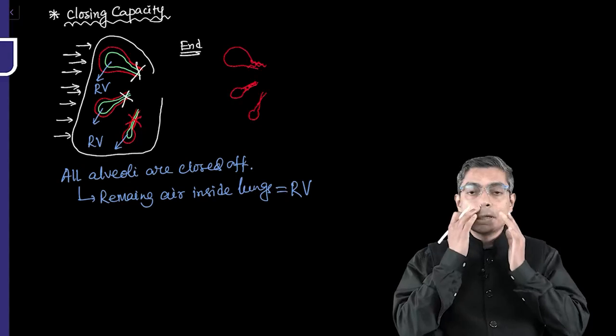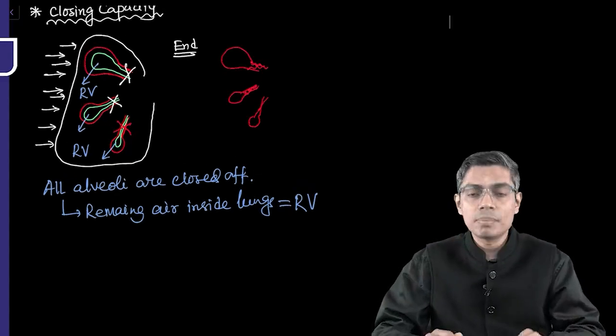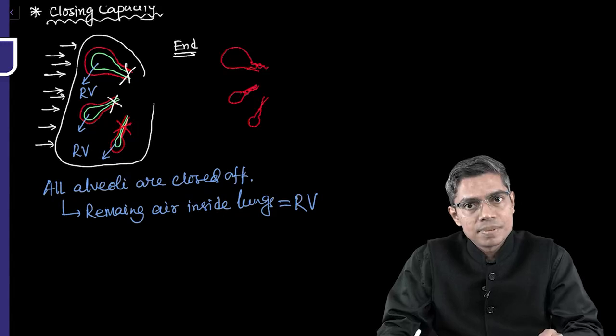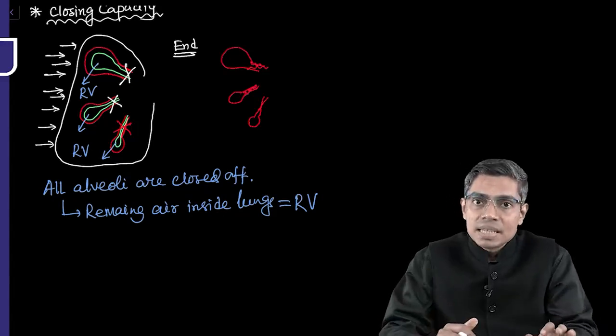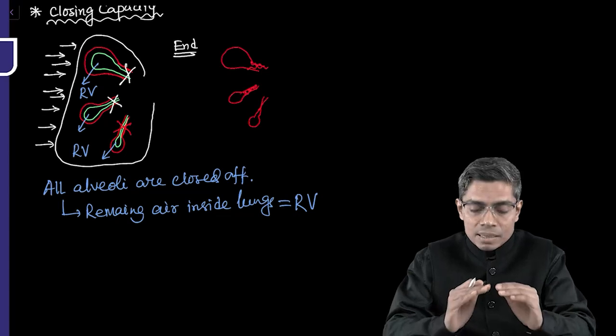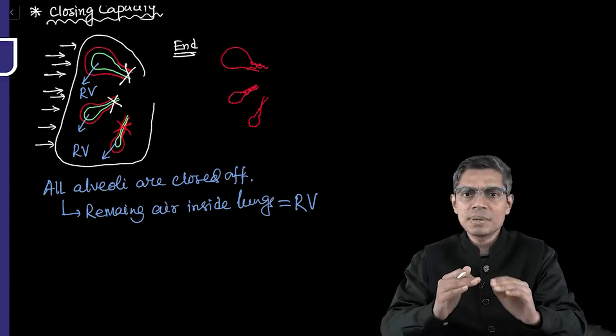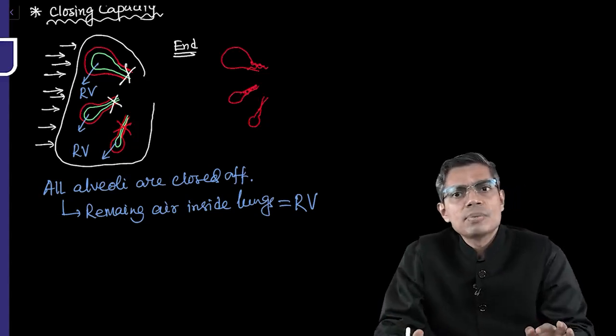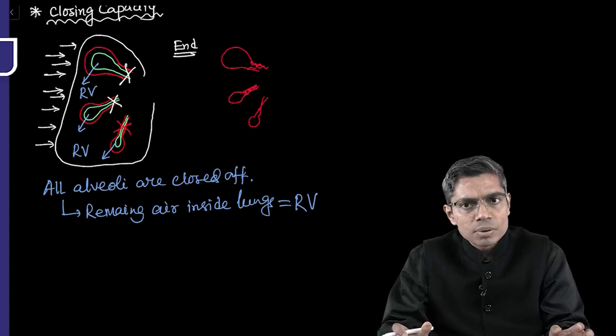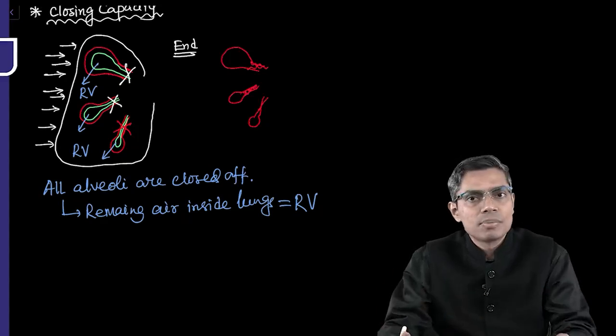Getting my point? So when all the alveoli are closed off by closure of the bronchioles. The closure has started at the level of the basal alveoli because their size is smaller. But ultimately the middle part as well as the apical alveoli will be closed off, and when all are closed off, the remaining volume is the residual volume.